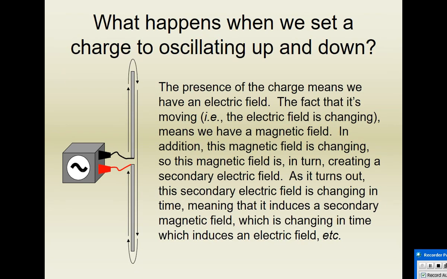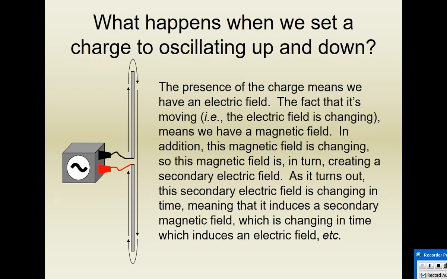The equations themselves are pretty complicated. You saw the one on the previous slide, and that's pretty complicated to understand, and I'm not going to really force that on you. But the idea behind it is that electricity and magnetism are really a single phenomenon. They're the two sides of a coin.